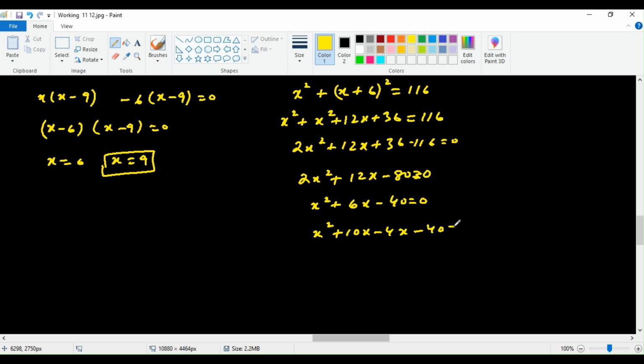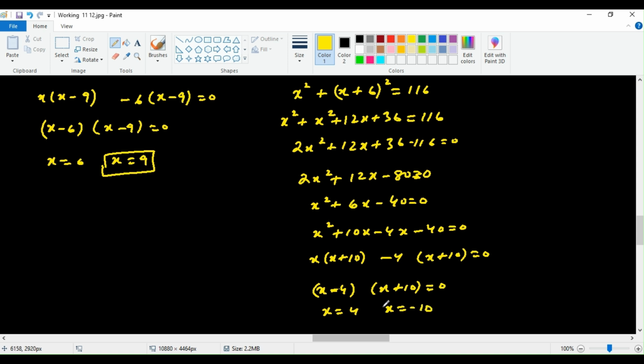So minus 40 I will write as it is. In the first bracket, x plus 10, copying down the second time, and minus 4. That means x minus 4 is going to be in the first bracket, and x plus 10 is going to be in another bracket. That means x equals 4 and x equals minus 10. These are the two possible values of x.